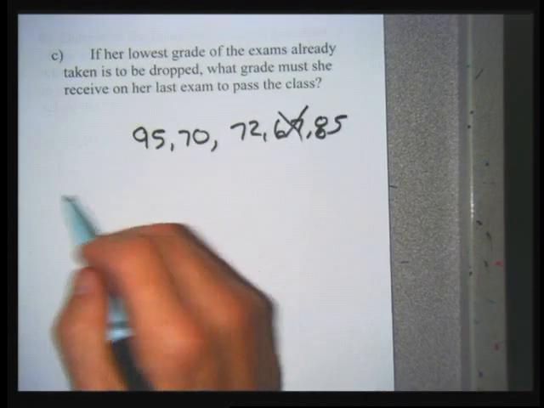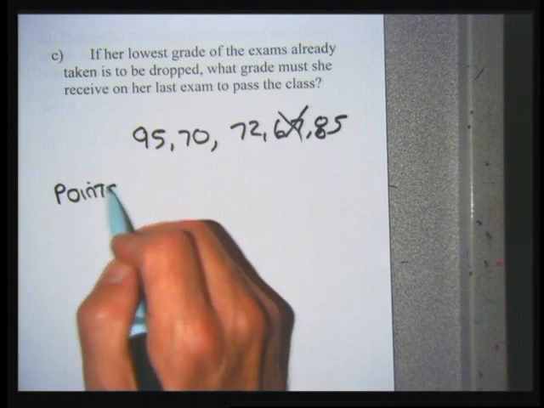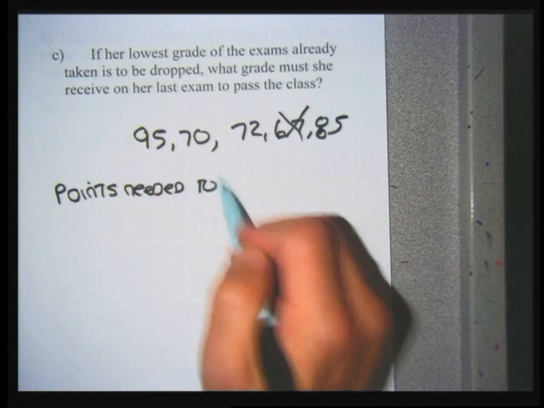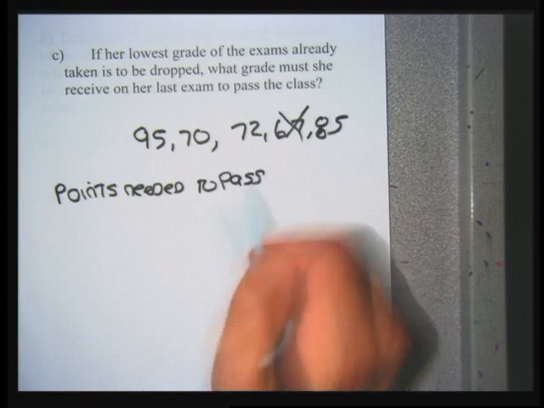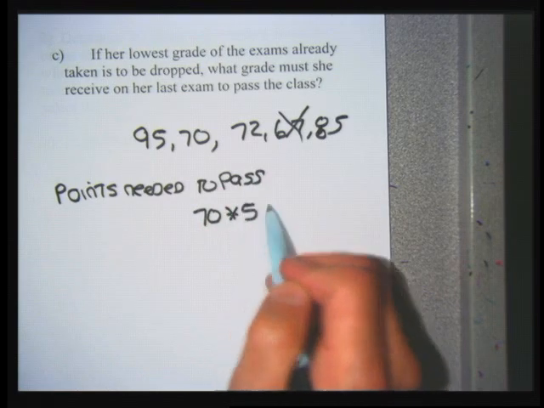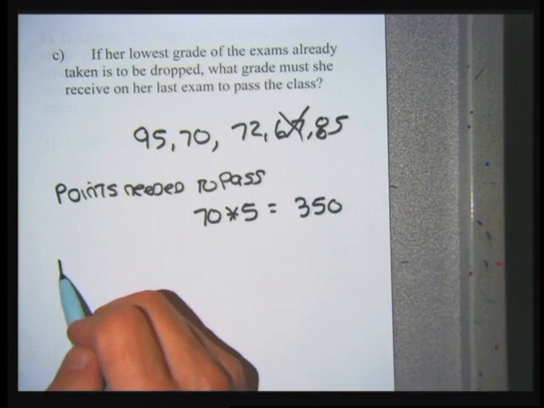So now the points that she's going to need to pass, she still needs to average 70, but she's only keeping 5 tests because she's dropping her lowest test and she's taking one more test. So she needs 350 points to pass.